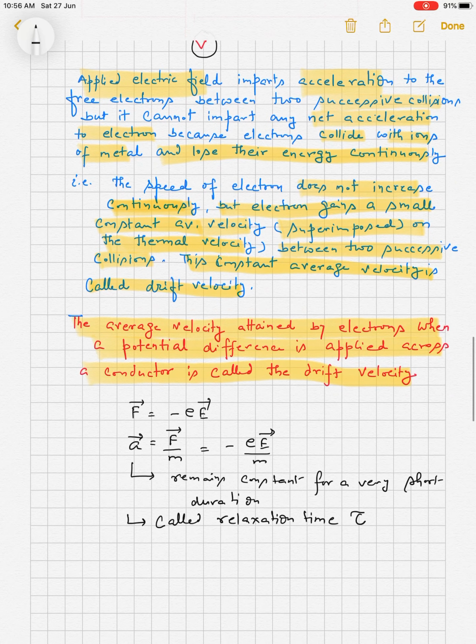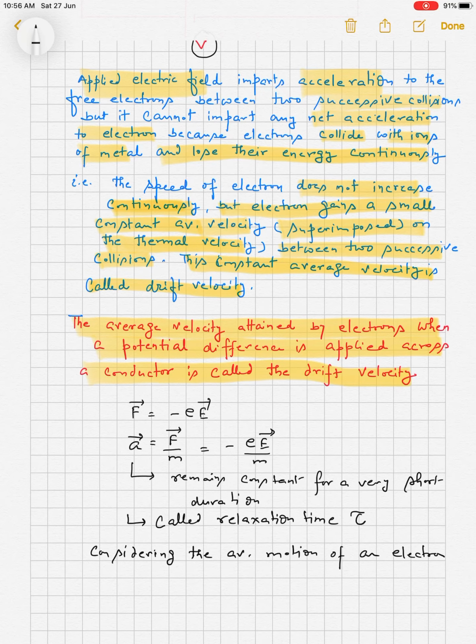Considering the average motion of an electron, its initial velocity is 0.